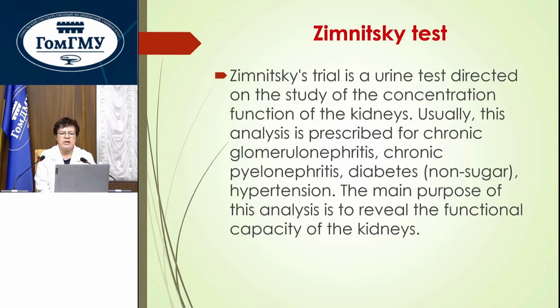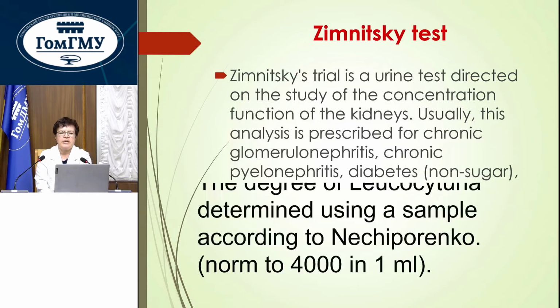Zimnitsky trial is a urine test directed on the study of concentration function of the kidney. Usually this analysis is prescribed for chronic glomerulonephritis, chronic pyelonephritis, diabetes insipidus, hypertension. The main purpose of this analysis is to reveal the functional capacity of the kidney.